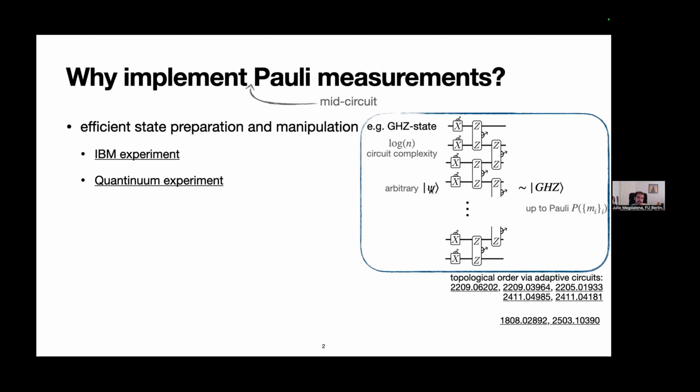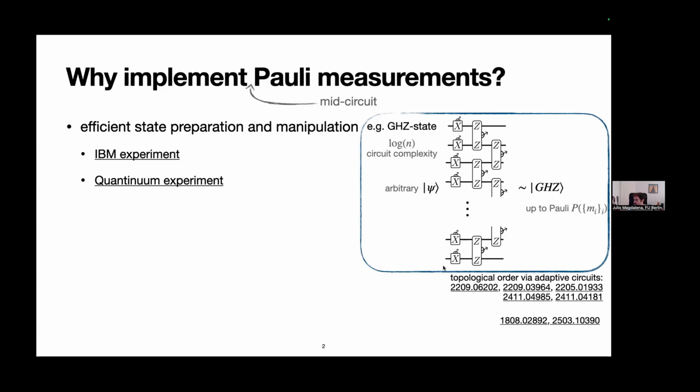But if you have access to measurements and adaptive corrections, you can prepare the same state in constant depth via this sequence of measurements, where you first measure all single qubit X's and then pairwise Z operators. This will drive the state into an eigenstate of these Pauli operators, which happens to be the GHZ state up to some Pauli corrections that are also just a single additional layer of gates.